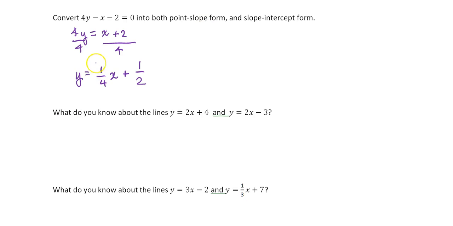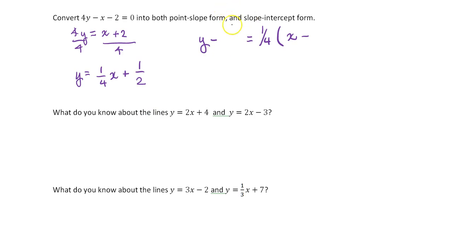Now I have my slope and I need a point. Alright, and so where are we going to get a point? I don't give you one here. So what do we do? Well, what we can do is pick a number and put it in, find out the other point, and use that, or we could just use our y-intercept.